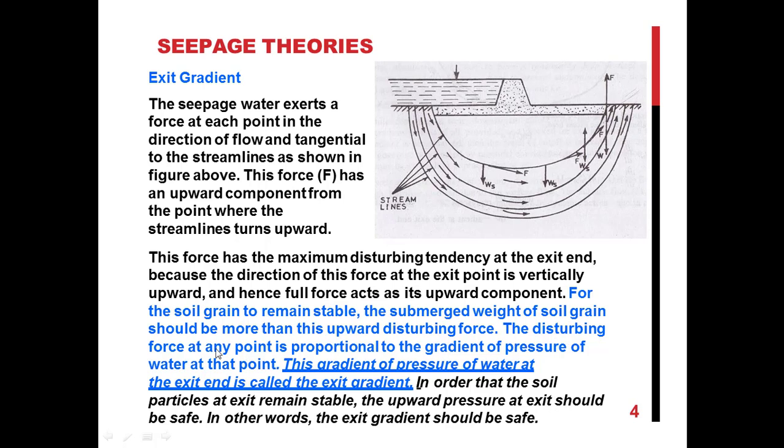The disturbing force at any point is proportional to the gradient of pressure of water at that point. This gradient of pressure of water at the exit end is called the exit gradient.